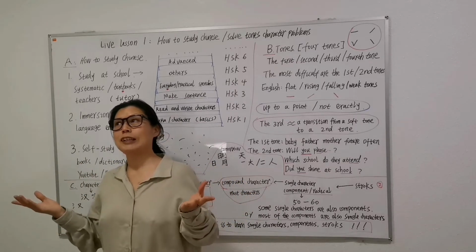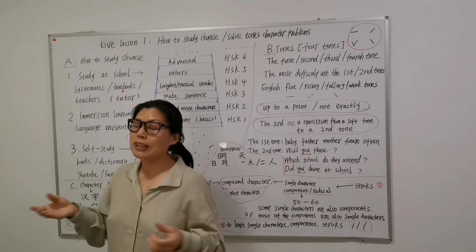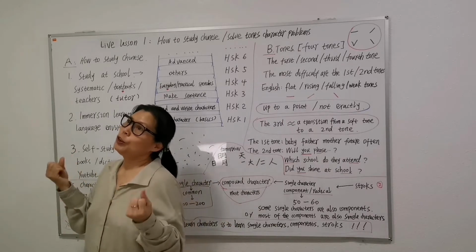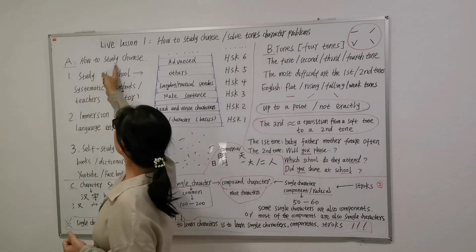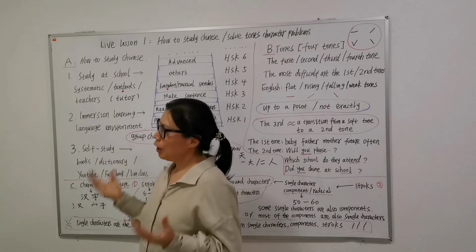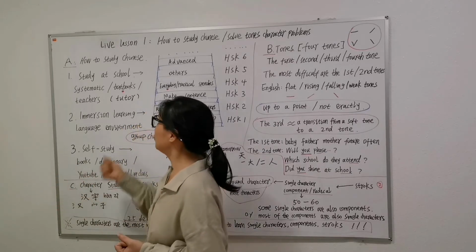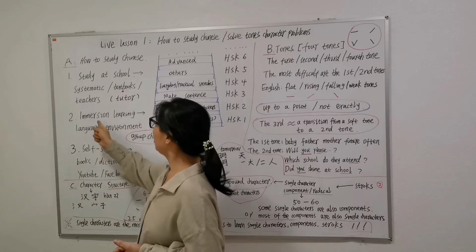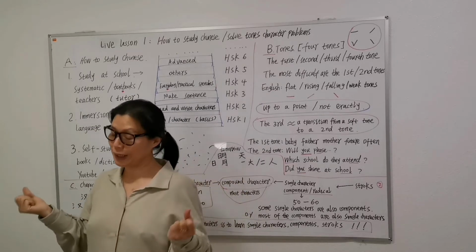You can learn Chinese by talking with them. It's natural. You don't need to think about how to study Chinese. It's okay. If conditions are available for you to go to school or have immersion learning, that's best or better.